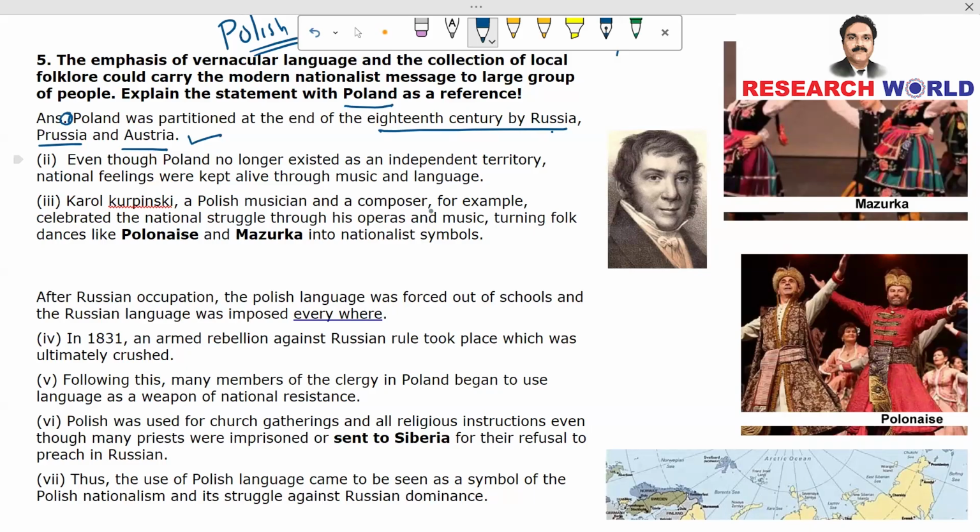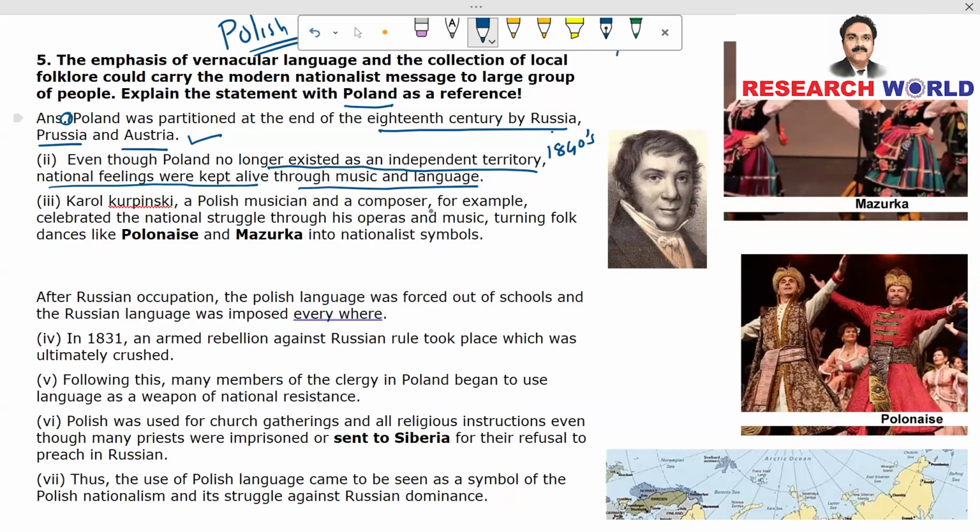Even though Poland no longer existed as an independent territory in those days, that is in 1840s, Poland was no more an independent country. National feelings were kept alive through music and language.